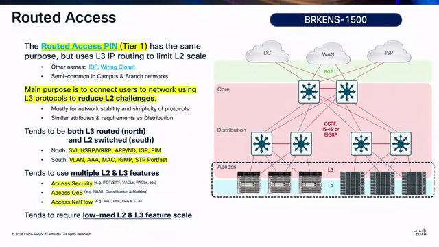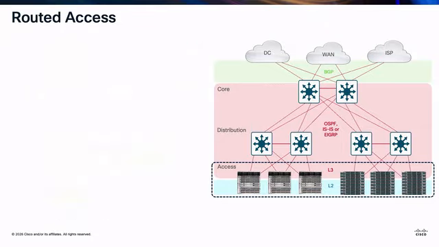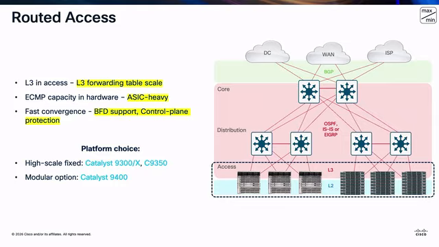So moving forward to the routed access, maybe you're exploring the idea of enabling Fabric in your network, or just routing from the access. What does it mean to your network? Well, not only should your access layer devices support layer 2, they should support layer 3.